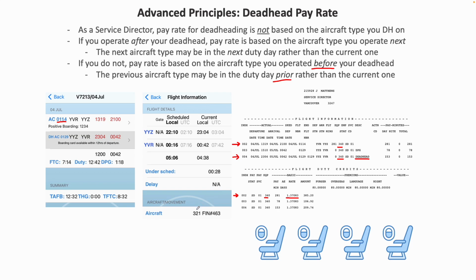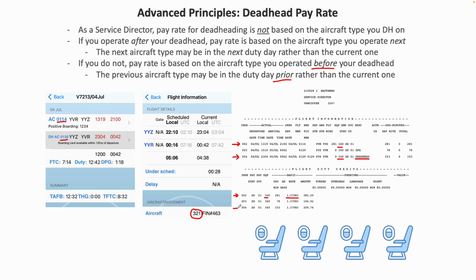Even though, if you look in Globe, you can see that the aircraft type was an Airbus 321. And that is demonstrating the principle in effect here, that we do not pay deadheads based on the aircraft type that we are deadheading on. In this case, because there's no aircraft type that you operate on after Flight 129, there's only the Flight 114 beforehand, we have to use the pay rate that was in effect for the flight we actually operated.